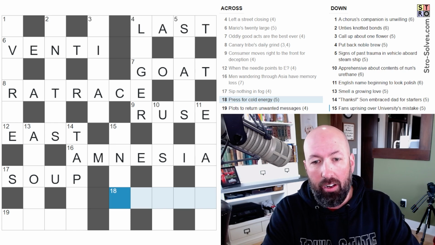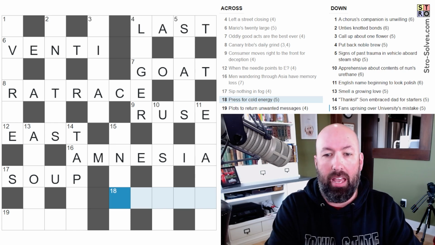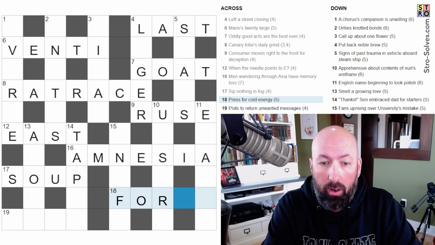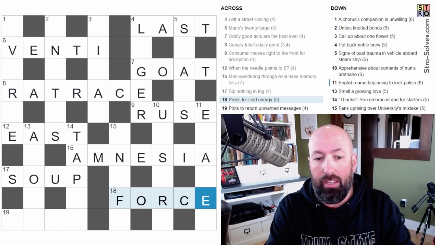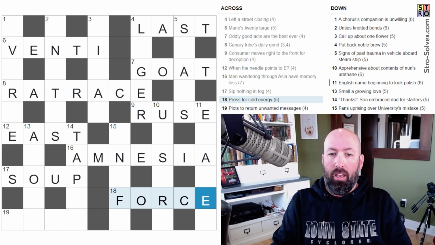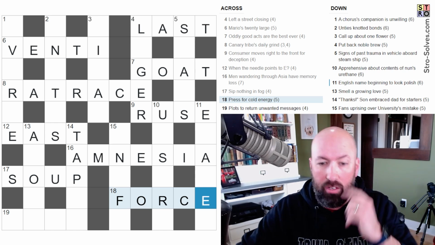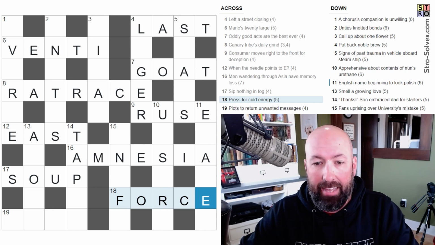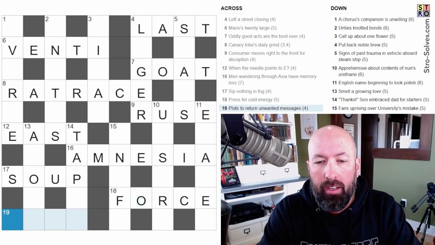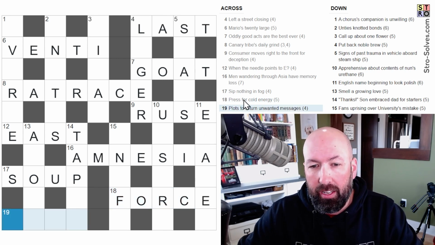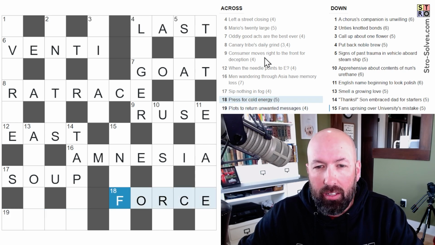So what we've got here is press is the definition, and we're literally using the word for, and then C for cold and E for energy, and it's force. Press. If you press on something, you force it. And that's what's happening there. So sometimes the for can be sort of an equal sign, like up here.